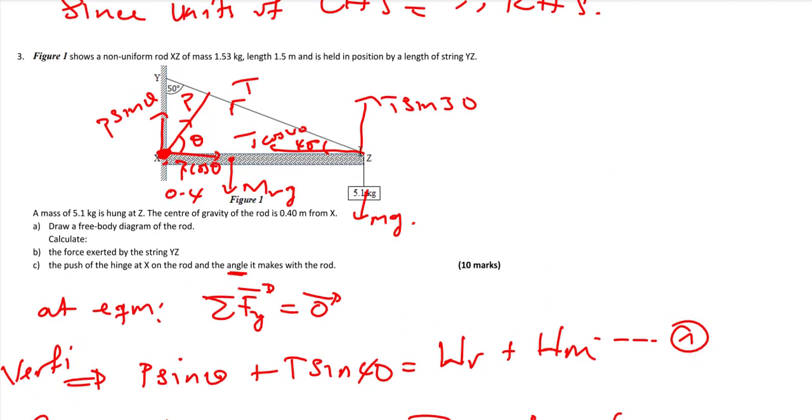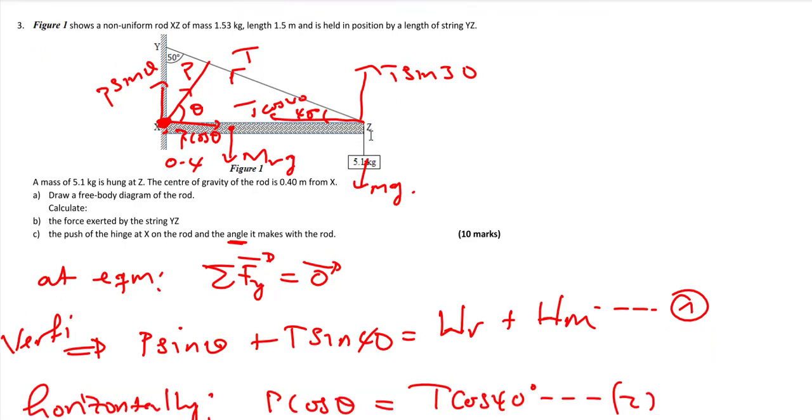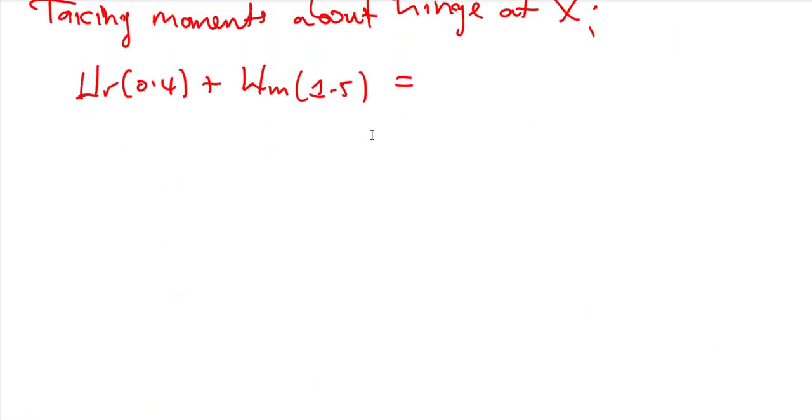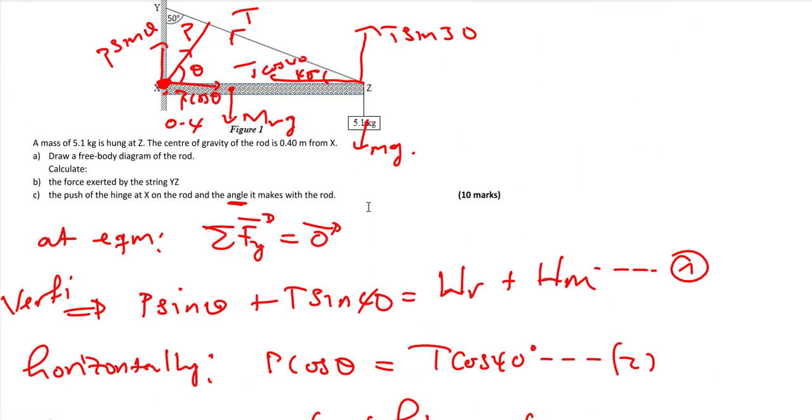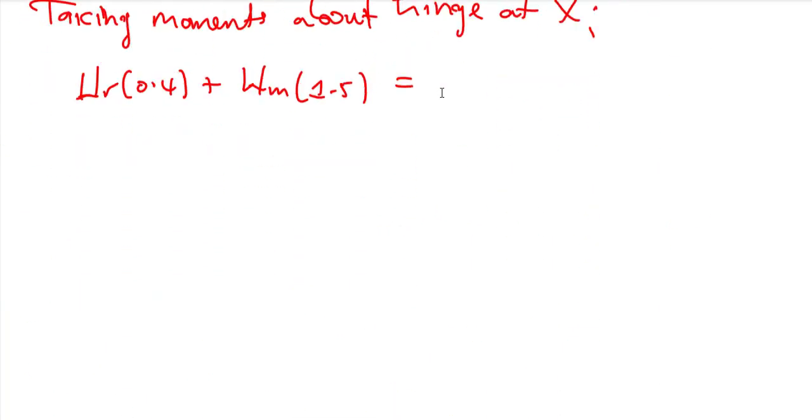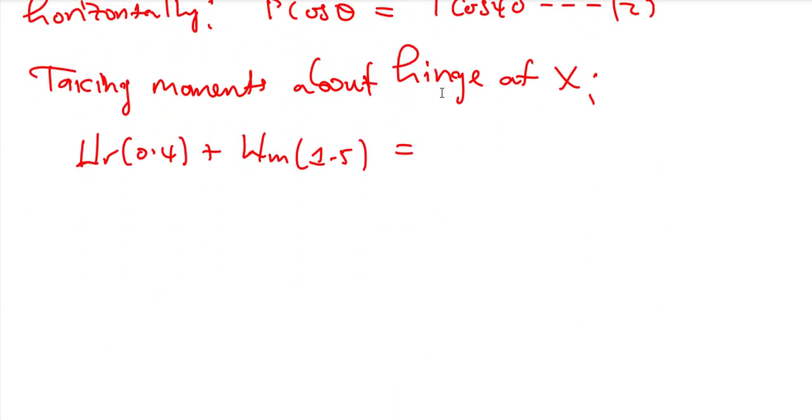The only anticlockwise force here is T sine 30, which multiplies the length 1.5. Sorry, that's not T sine 30, it's 40. We are used to 30. So that will be T sine 40 times 1.5. I'll call this equation 3. So that's one of my equations of equilibrium.